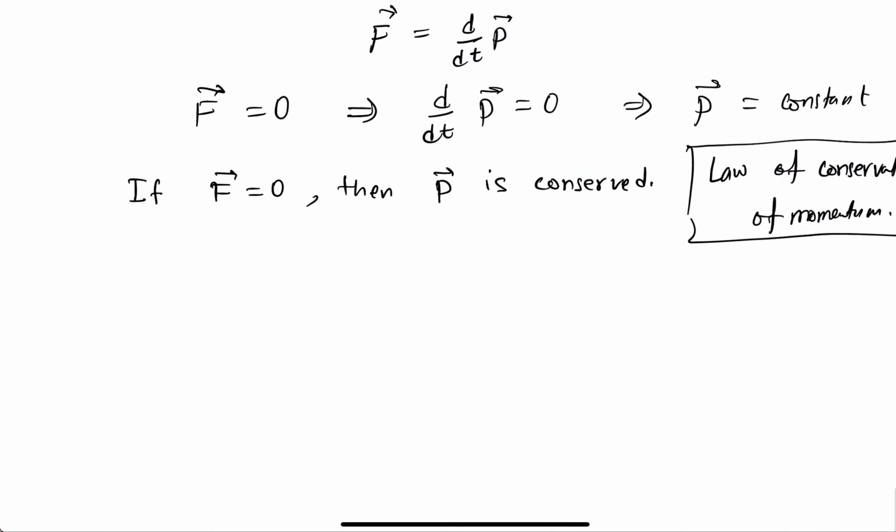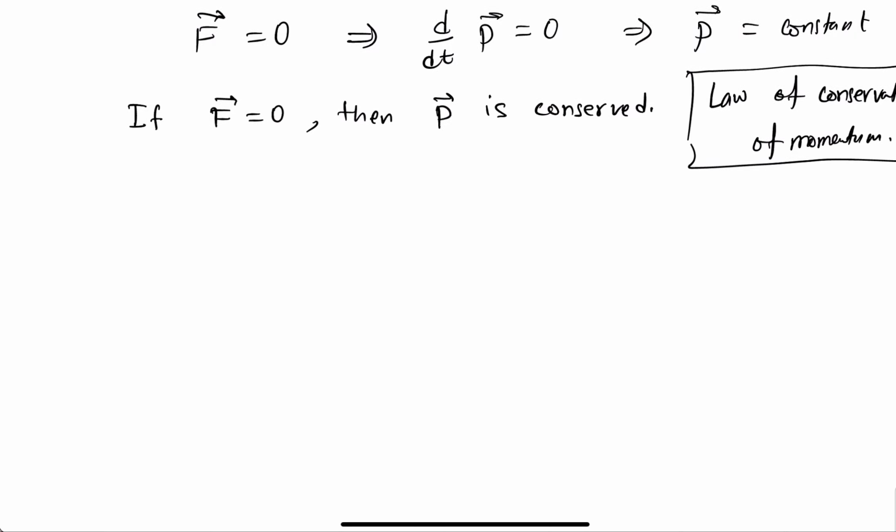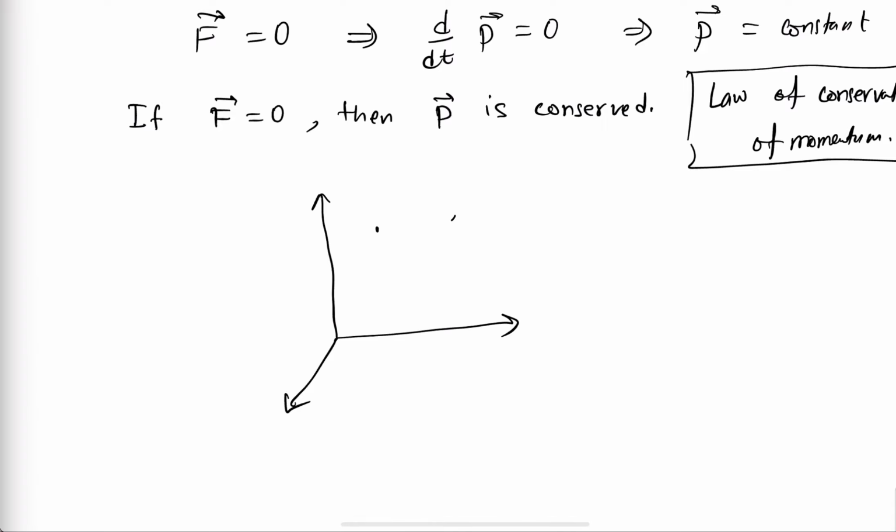Now, till now we have only looked at a single particle, which is moving in space. But we don't need to have just a single particle. As I said earlier, you could have multiple particles, x1, x2, x3, and so on.